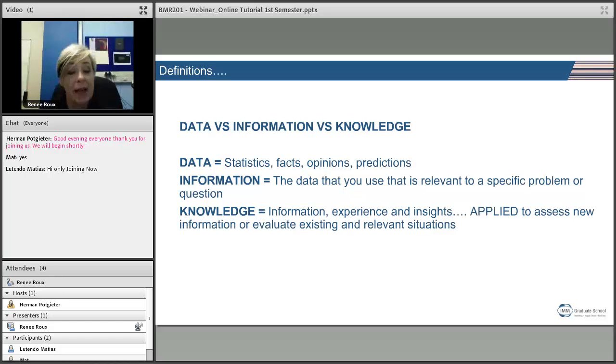They're not the same. Data is just a lot of statistics, facts, opinions, predictions, whatever. It's just there. Information is the data or the facts or the statistics or predictions or opinions or combination of it that you use that is relevant to a very specific problem or question. Let's try and find an example to show you the difference.